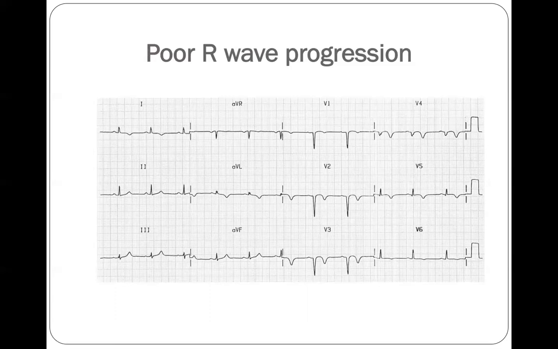This is the most common pathology that produces poor R progression. Here in V3, there should be a biphasic wave, R equal S, but here it's only S wave, so this is a poor R progression.